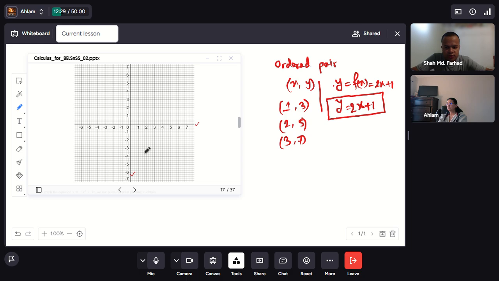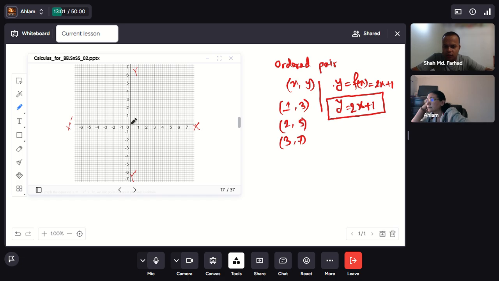Do you know this graph paper? This one is vertical, and the names are x and y. So the vertical one is the y-axis and the horizontal one is the x-axis.